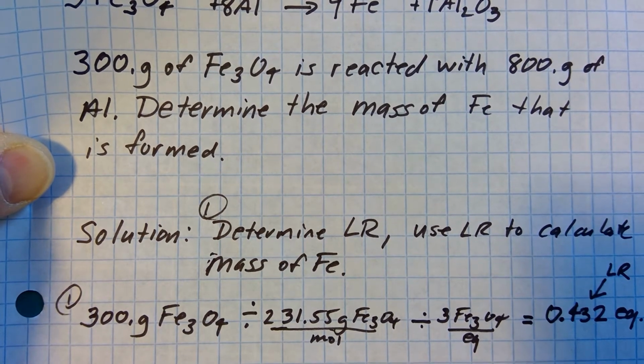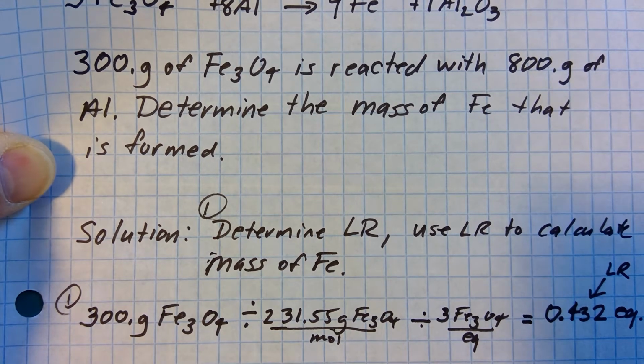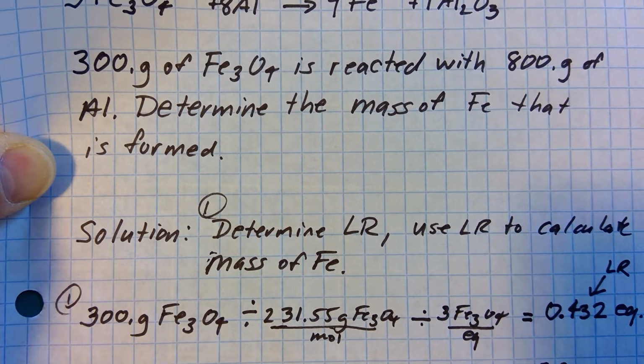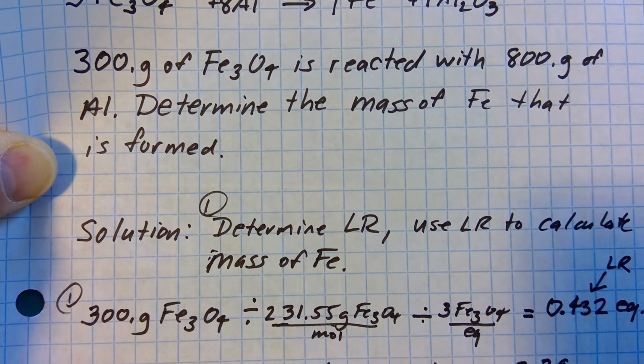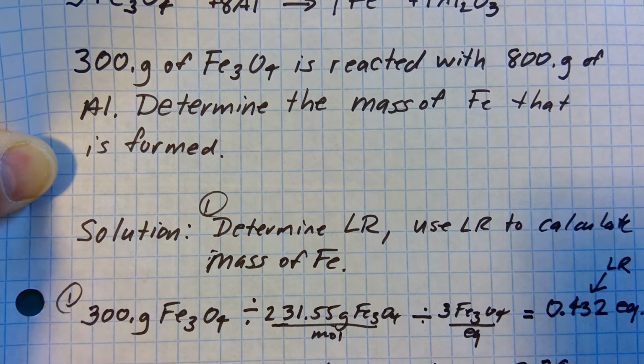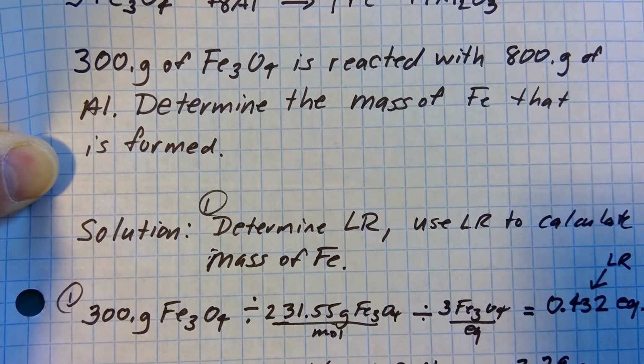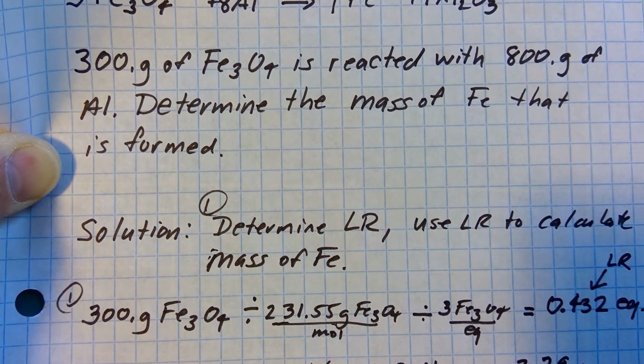In our first step, we'll take our first reactant, the iron ore, and we will convert that into equivalents by first dividing by its molar mass of 231.55 grams per mole. And again, you can obtain that by adding up 3 irons, that's 3 times 55.85, plus 4 oxygens, 4 times 16, to give you 231.55.